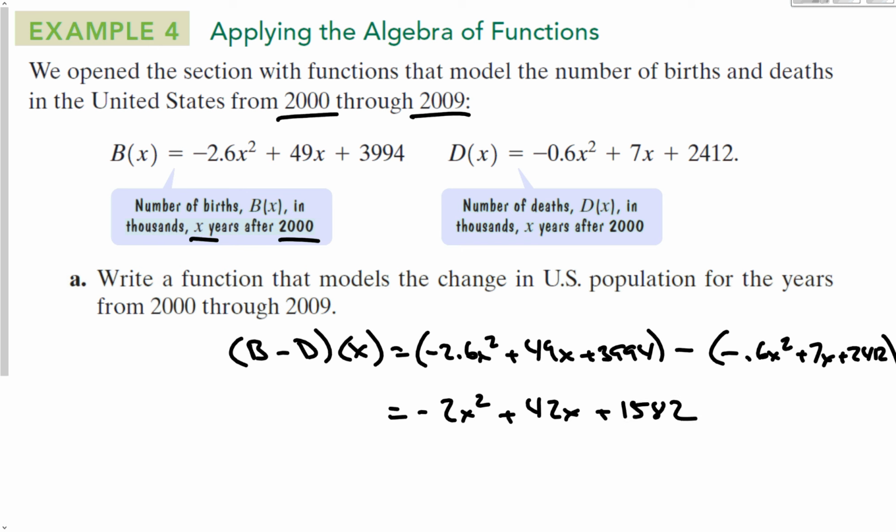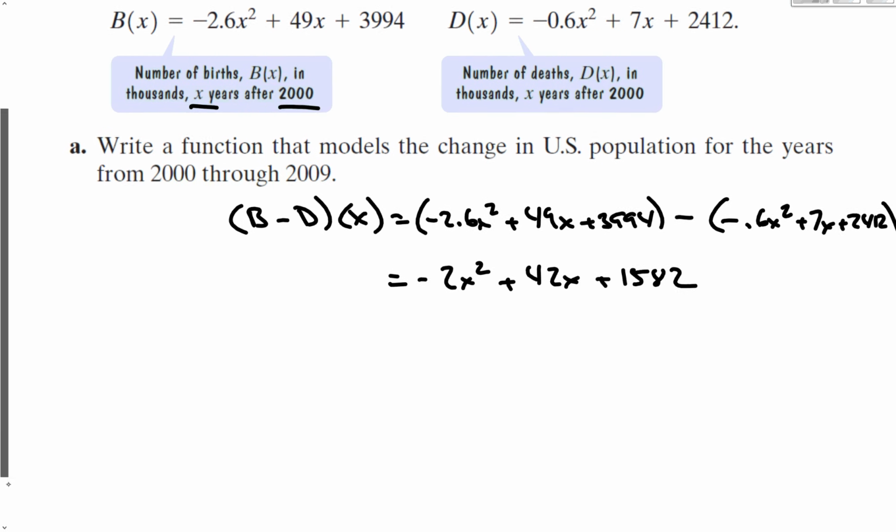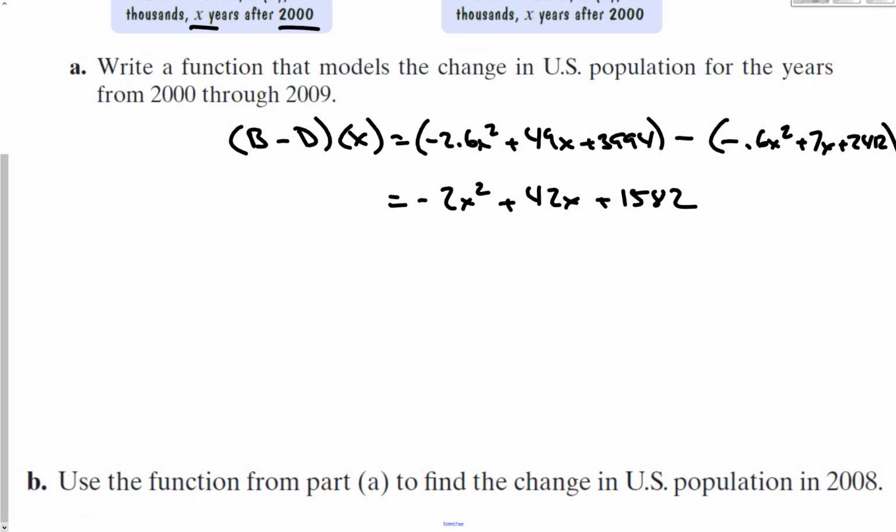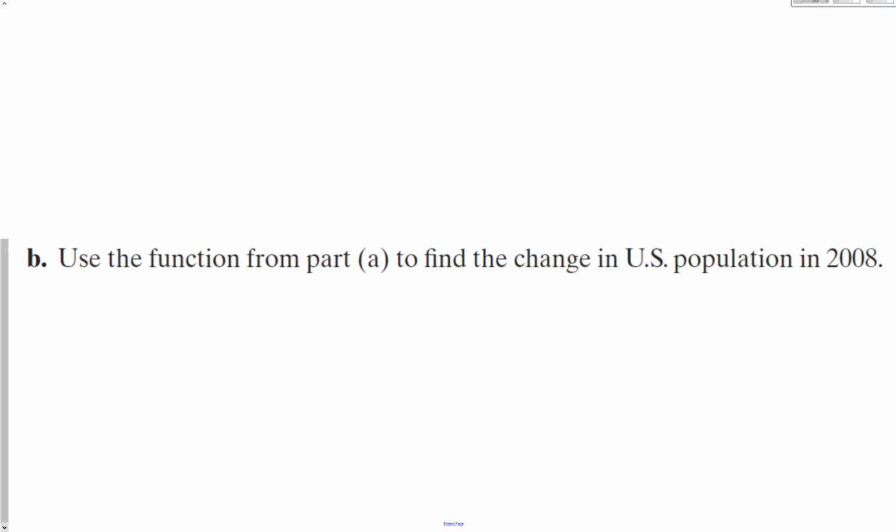So this models the change in population for X years after 2000. So if I wanted to, say, use the function to find the change in US population in 2008, I could very easily figure that out by finding births minus deaths of 8.